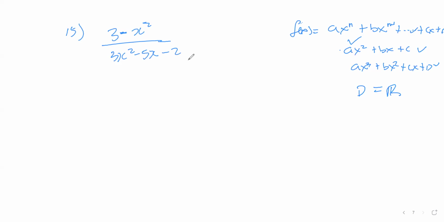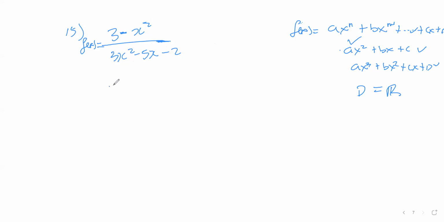Our denominator is also of that form, but whenever our denominator is 0, the entire fraction will give us problems. It will be undefined, right? Whenever this denominator is 0, this divided by 0 will be undefined. So when is this denominator 0?